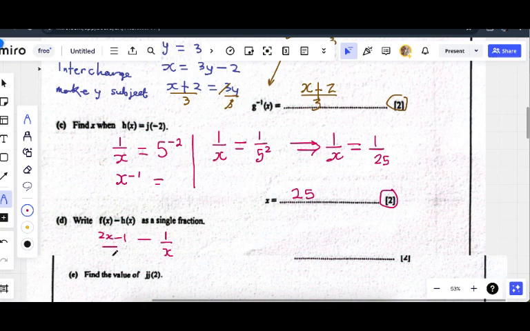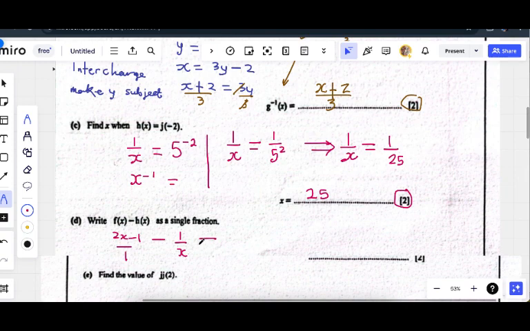So you find the LCM of the denominator. The LCM of the denominator is x. Why is it x? Because x times 1 is x, and 1 times x is x.